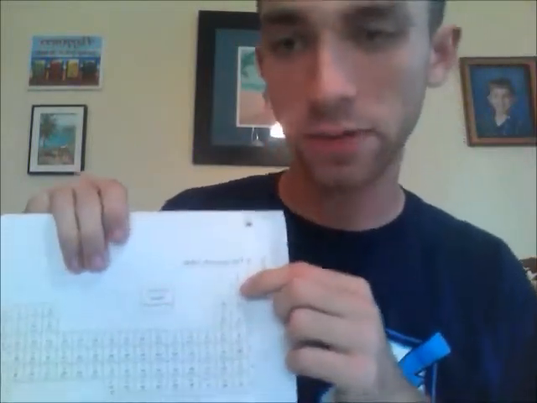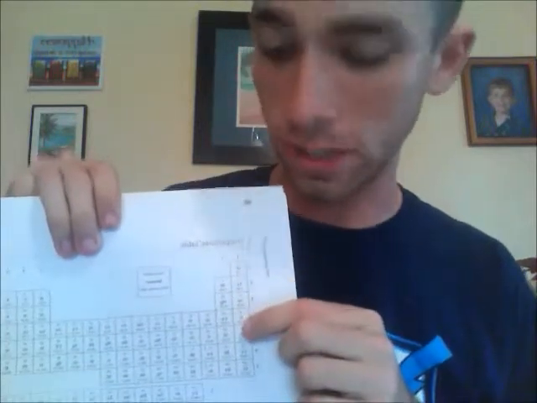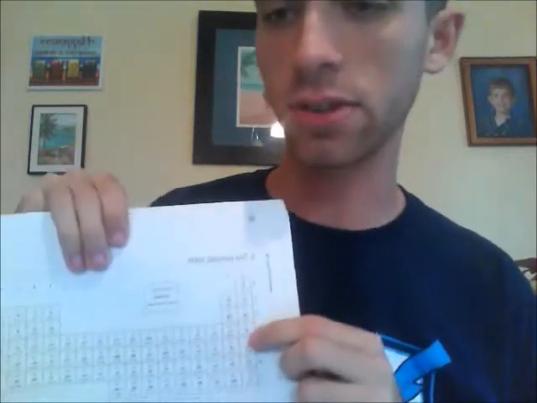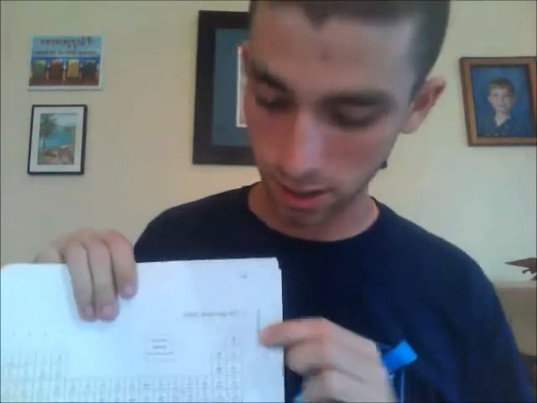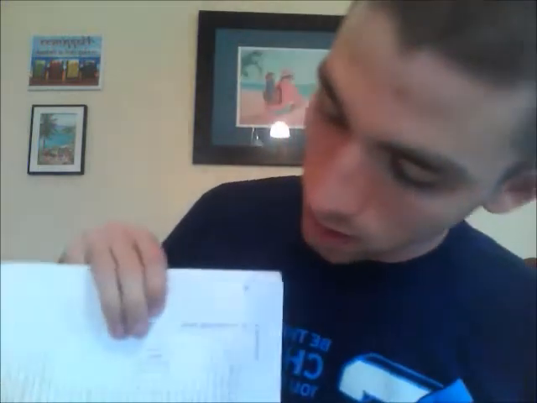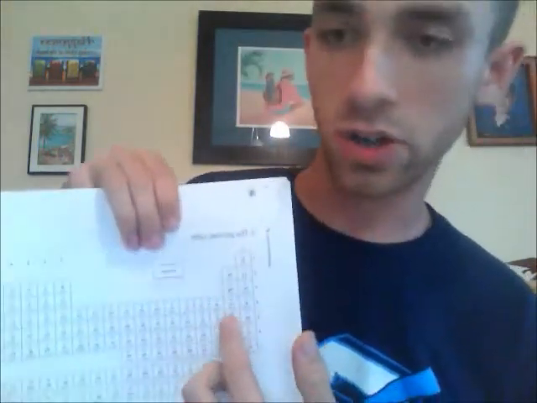So as you go down, and this is pretty obvious probably to most of you, as levels are added, the atomic radius rises, it increases. That's pretty obvious. As more levels are added, they become farther away from the nucleus and the atom becomes larger. So now we look going across.